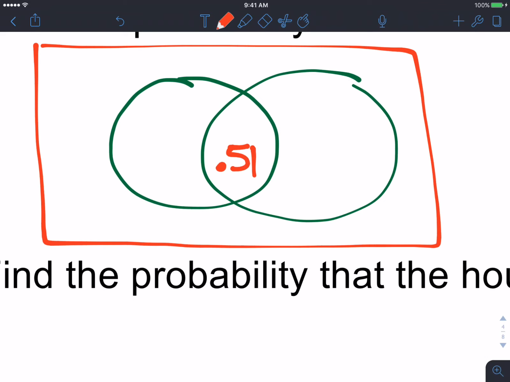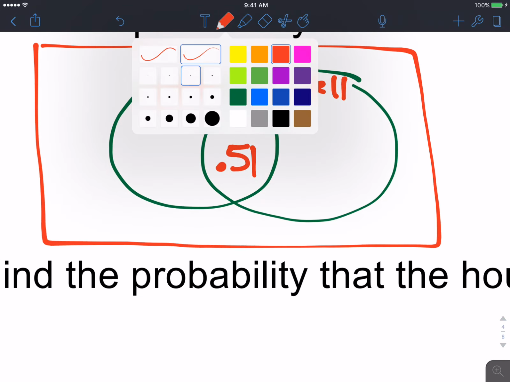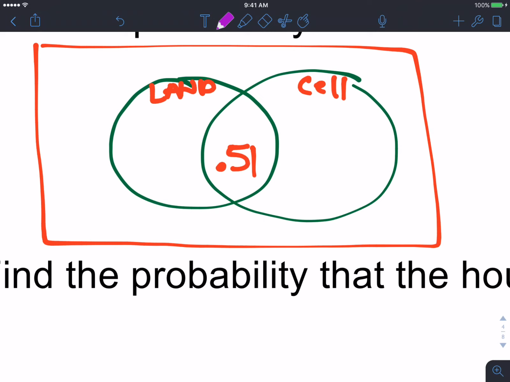We'll call this landline and this cell phone. If a total of 60% had a landline, but 51% exist in the middle, that means 0.09 has to occur there. For cell phone, we know a total of 89% have it, so we do 0.89 minus 0.51, and that gives you 0.38 there.